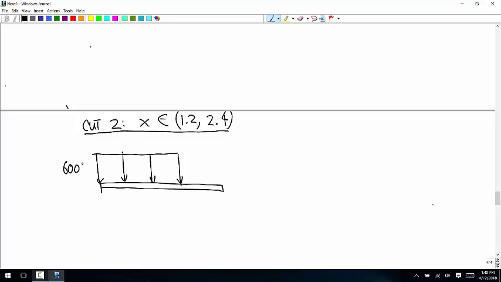The distributed load has this height of 6,000. The distance from the left end to the end of the distributed load is fixed now. That doesn't depend on x anymore. That's just a distance of 1.2. And then you have the internal loads P, V, M. This distance is x.